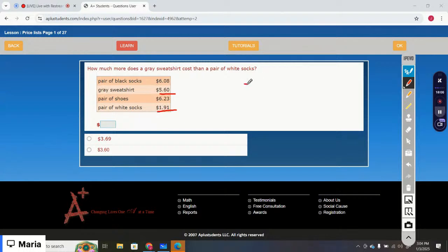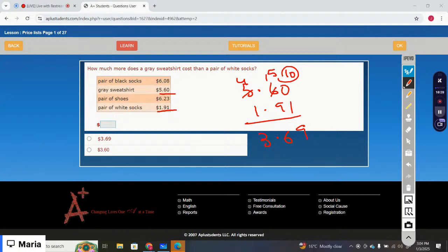You need to see how much more. So you have to subtract the cost of the white socks from the gray sweatshirt. 10 take away 1 is 9. You need to borrow 1 again. 15 minus 9 is 6 and 4 minus 1 is 3. That is 3.69.